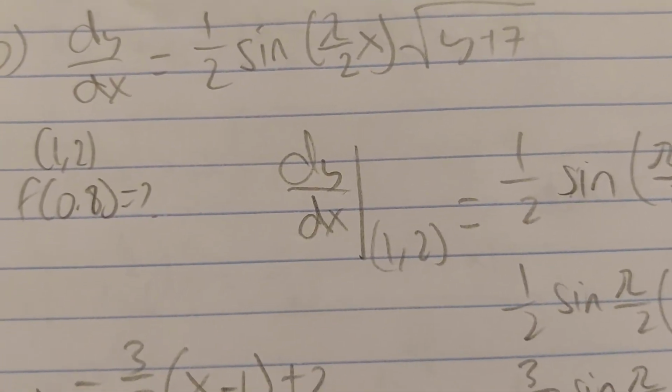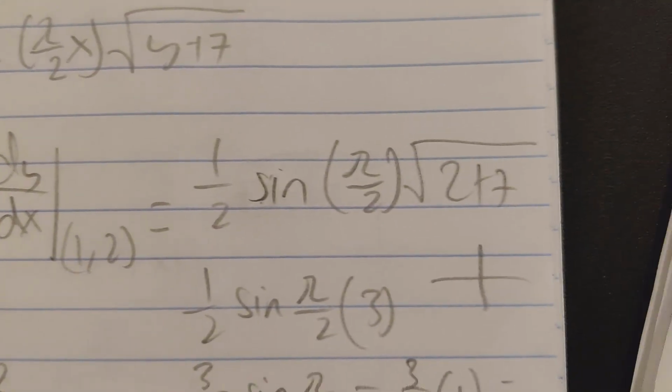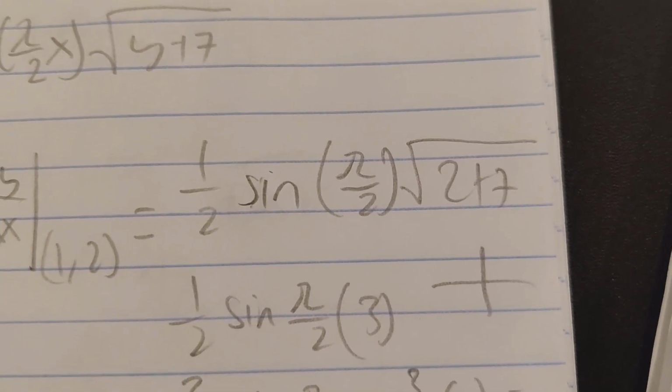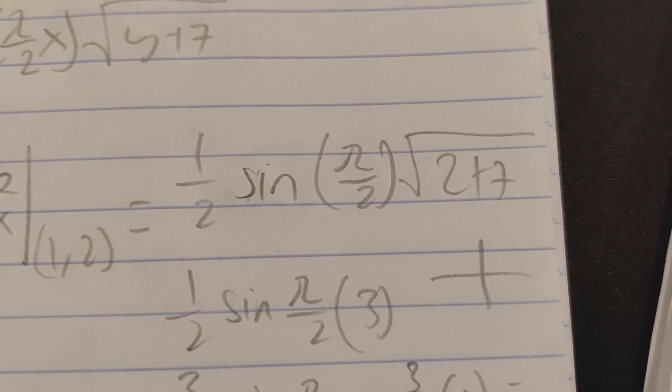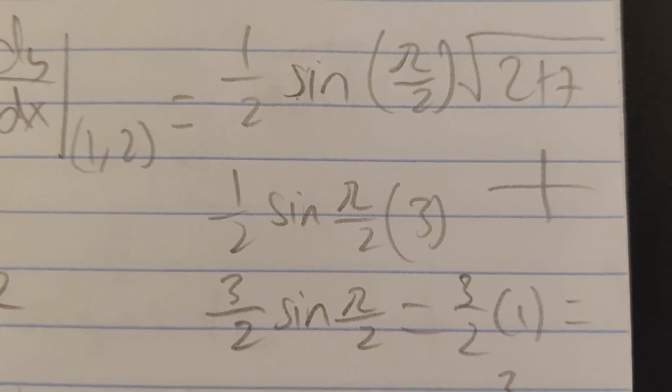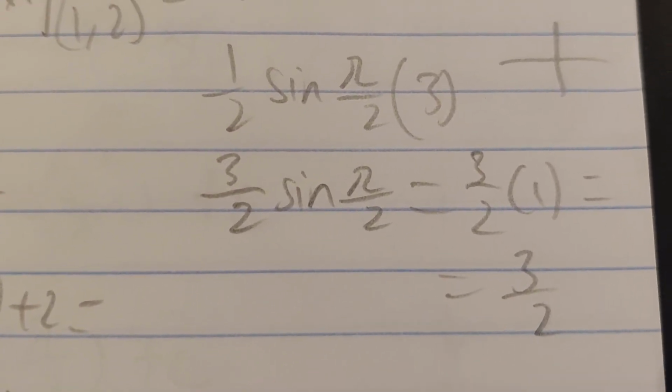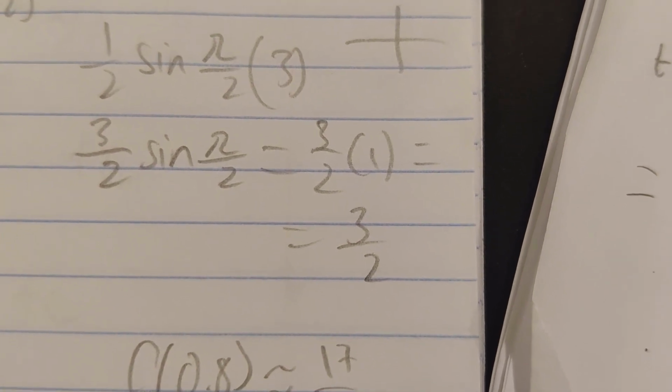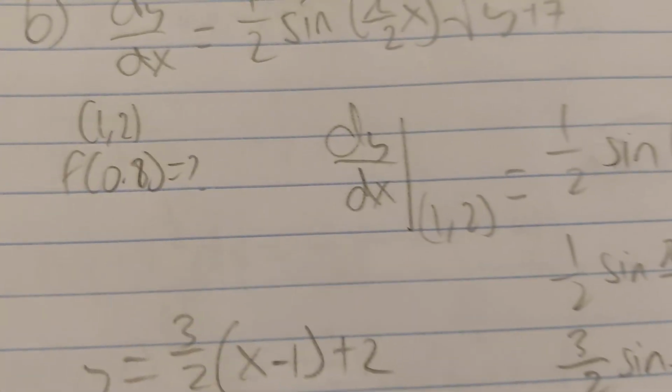So we plug in (1, 2), and we get (1/2) sin(π/2) times the square root of (2 + 7). That eventually simplifies into (3/2) sin(π/2), which is equal to 3/2. So the slope of the tangent line at (1, 2) will be 3/2.